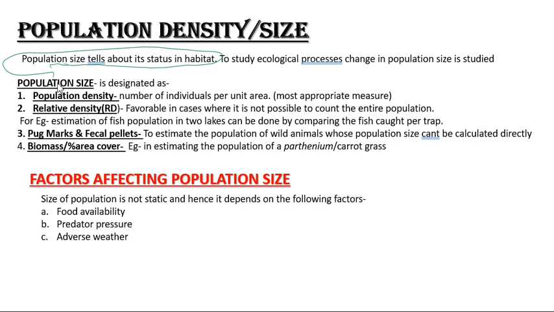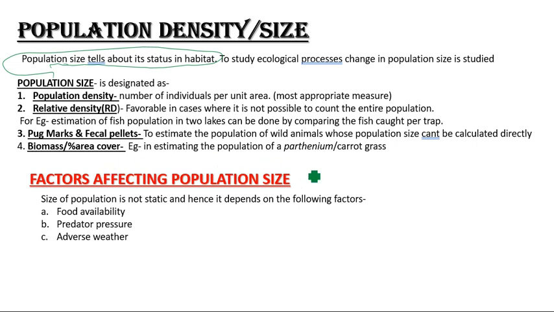We will find humans are much more numerous than lions, so we are the dominant group in this society. The lion population is smaller than ours. So that tells us that humans are the so-called masters of this habitat. The status of a population size will definitely tell the status of that particular species in the given habitat.